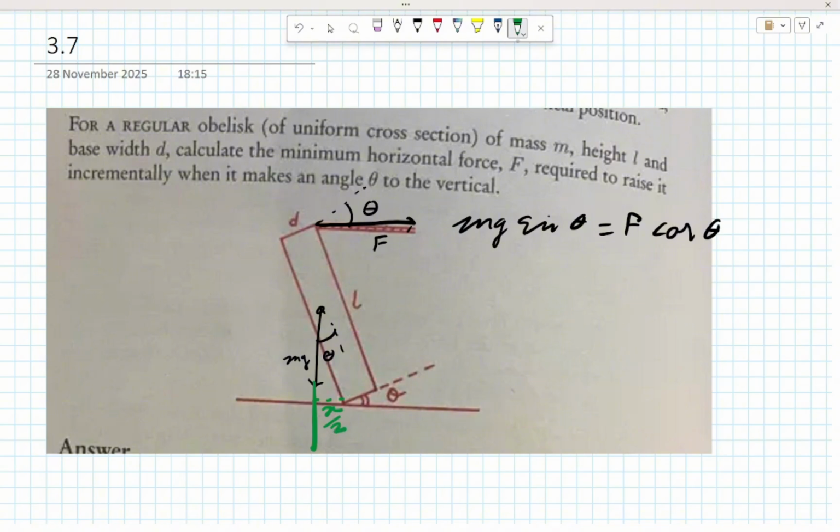You'll see why later. And for the horizontal force F, it'd be the same thing. The perpendicular distance would be the y component, the vertical distance. So this y and x is what we're going to have to find.